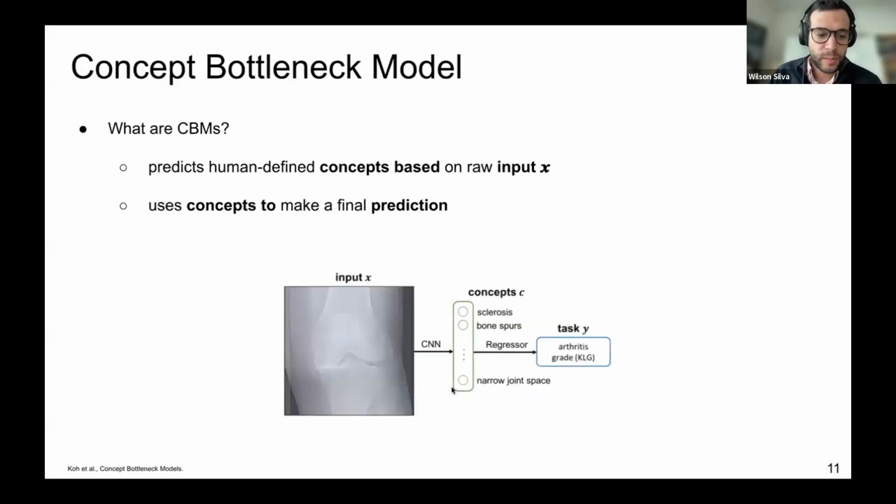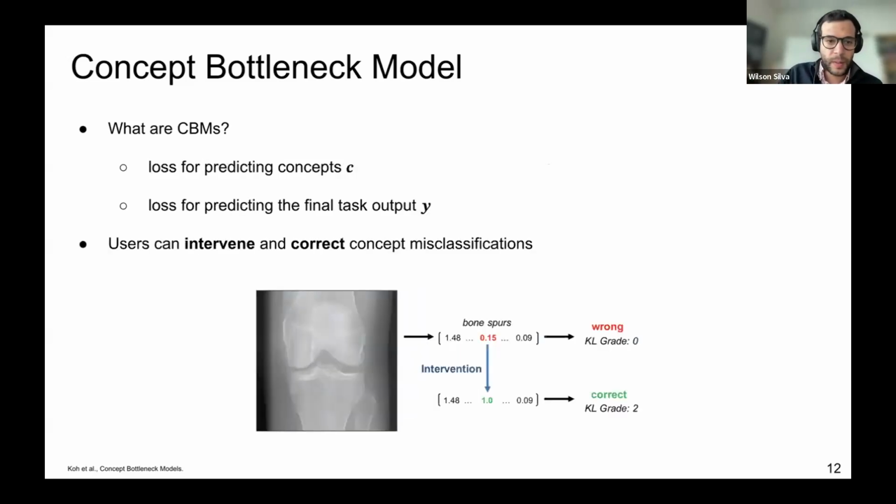Another type of approach, but with the same goal, is what is called a concept bottleneck model. So here, what we do is we directly predict some concepts that we know are relevant for a specific task, and we want to predict them based on the image. And then the final decision will be based on the concepts. So we use these concepts to make the final prediction.